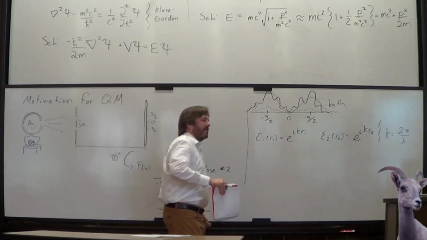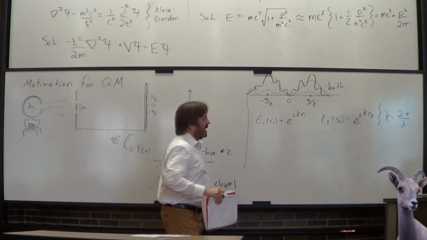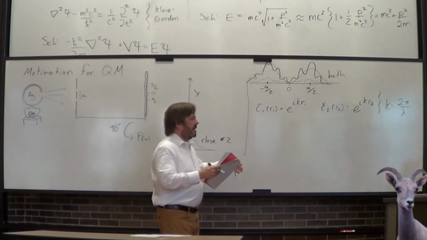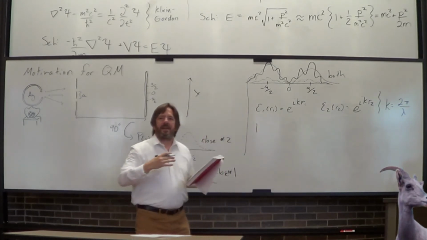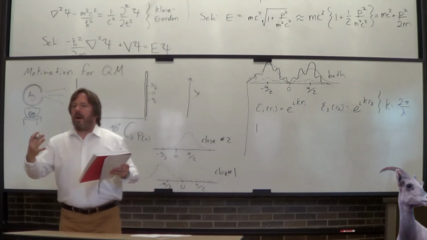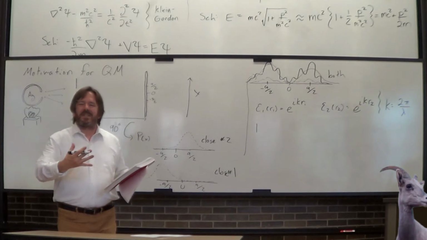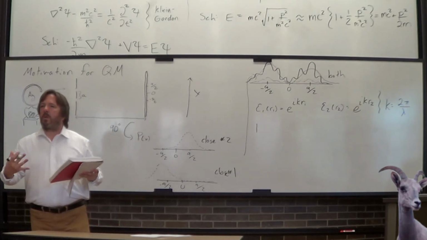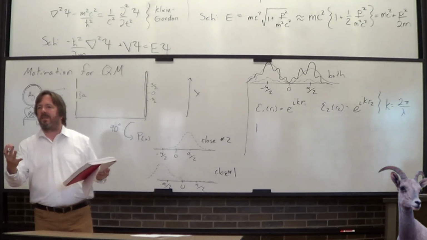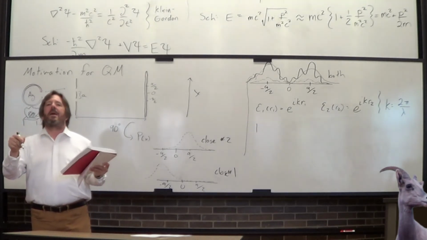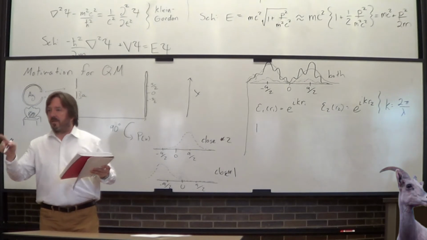Now, another concept to get used to is your observable. So when it comes to light intensity, I was talking about electric fields, but you actually don't observe an electric field of light. You observe the intensity of light. And just by the very definition of the word intensity, you should automatically agree with me. The intensity of light is the electric field squared.